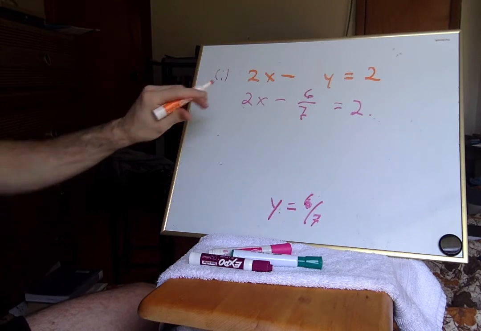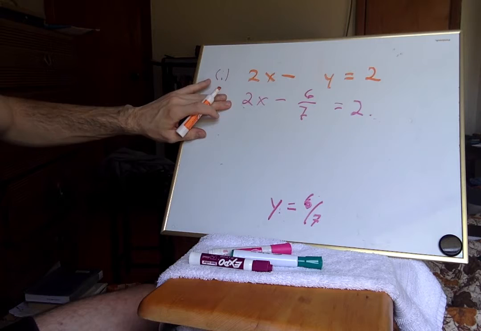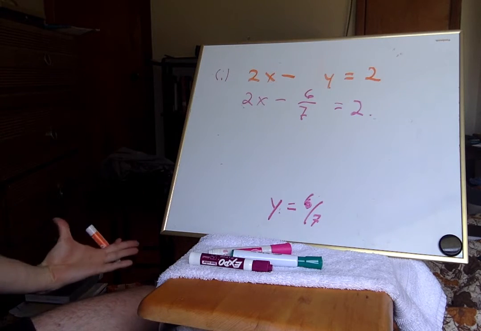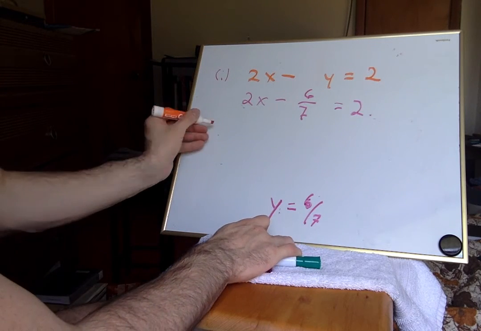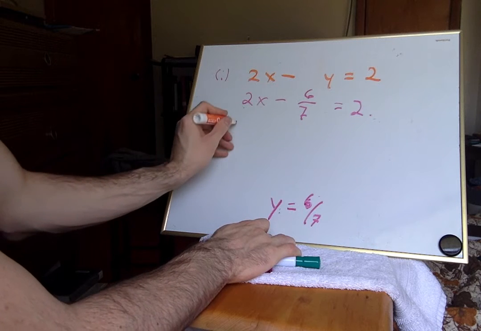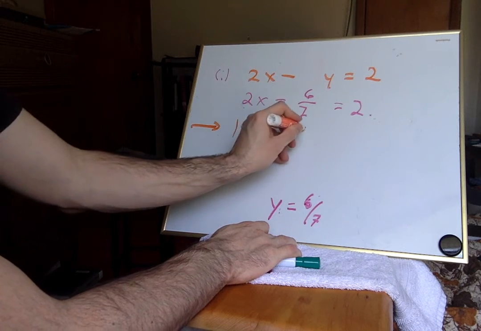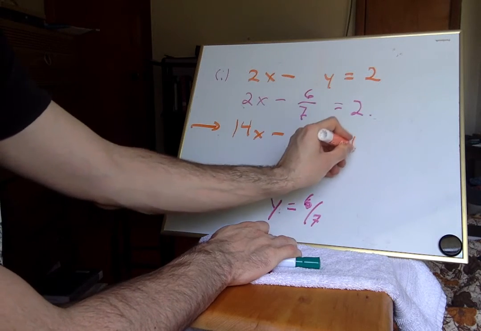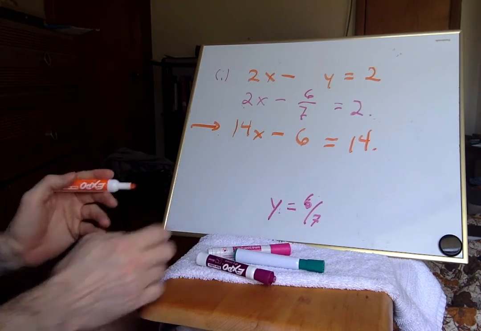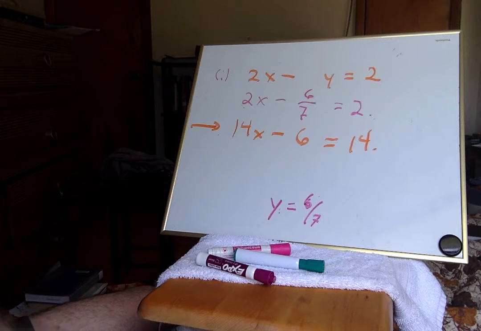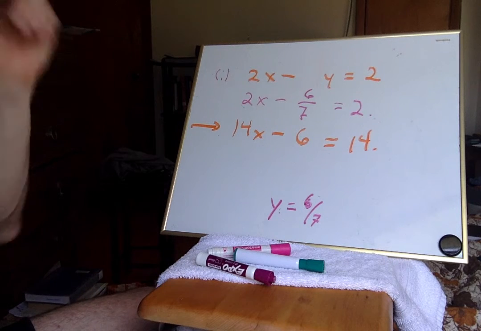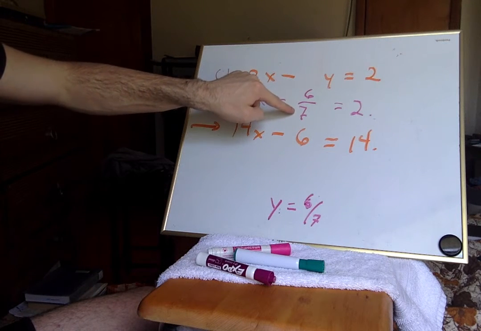What if I multiplied this whole equation by 7? Right now I'm just doing algebra. If I multiply everything by 7, I get 14x minus 6 equals 14. Now you might say, why did I do that? Well, I don't like that fraction.